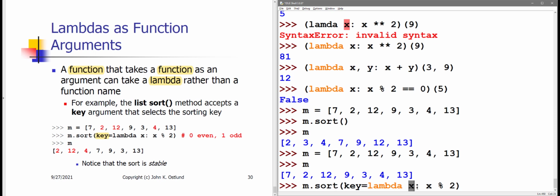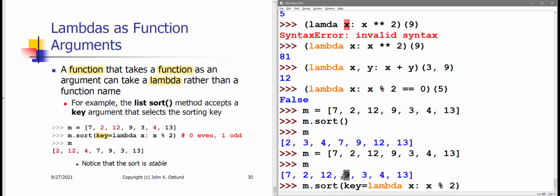Okay, so I'm going to sort 7 as though 7 is 1. I'm going to sort 2 as though 2 mod 2 is 0. All right, so the 2 should come ahead of the 7 because 7 sorts as 1, 2 sorts as 0. 12 also sorts as 0, 12 mod 2 is 0.